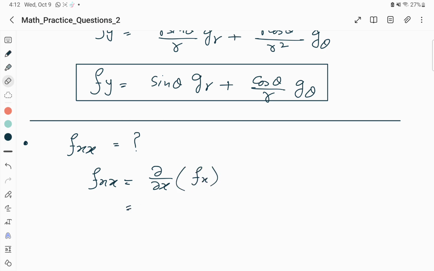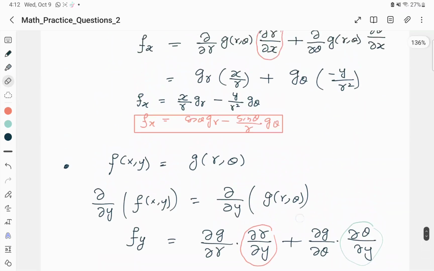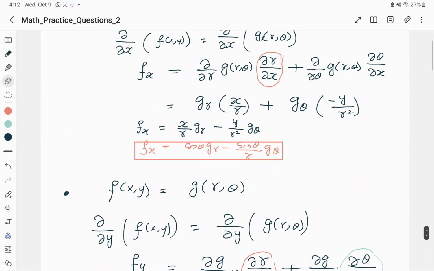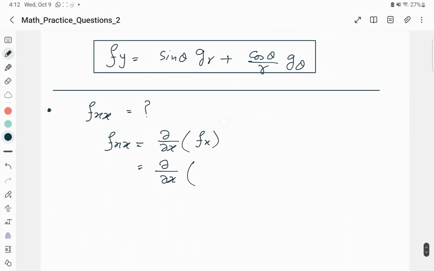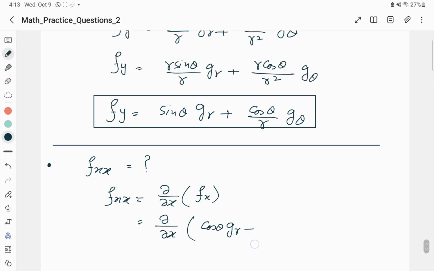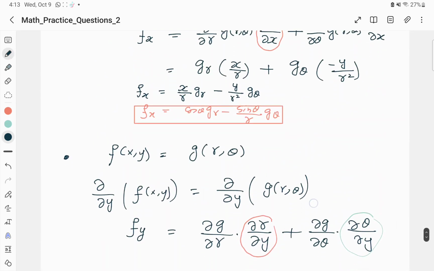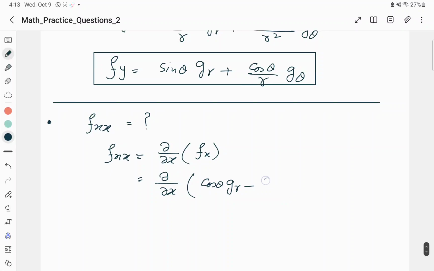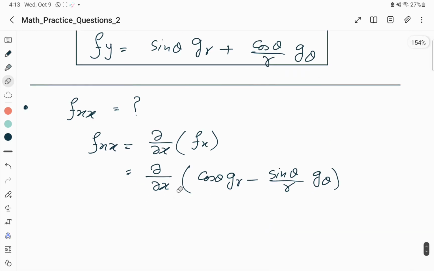And we have already calculated the expression for fx, so this will be partial x, and the expression for this fx was equal to, yes, that was cos theta g_r negative sine theta over r into g_theta. Okay, let's calculate the derivative of this expression with respect to x.